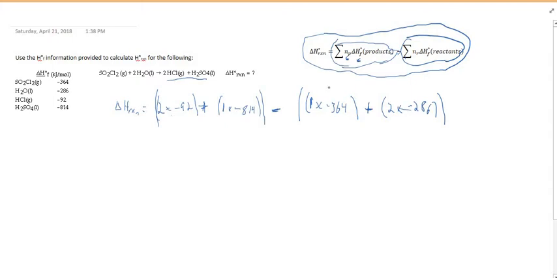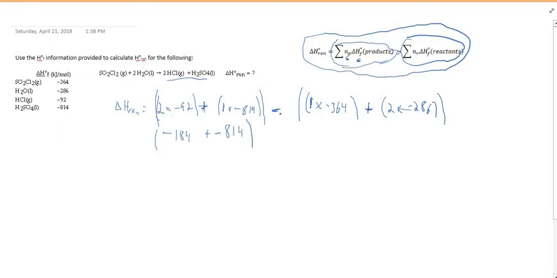And so we can go ahead and start calculating this through. I always go the slow way, so that's going to be 2 times minus 92, 2 times negative 92, and so that gives me right here minus 184 plus negative 814, and then I'm going to take whatever the sum of that is.